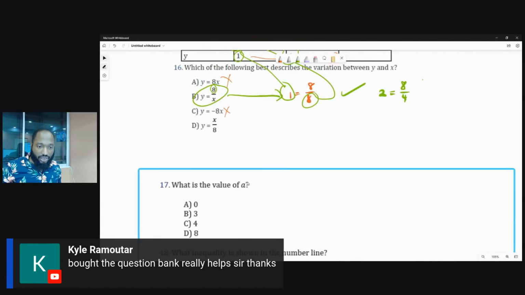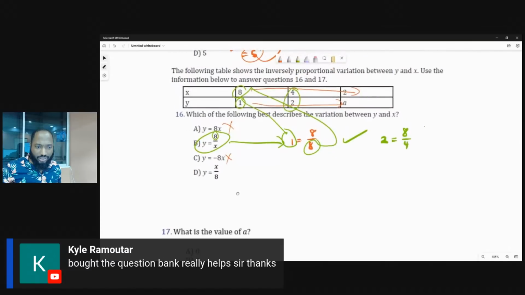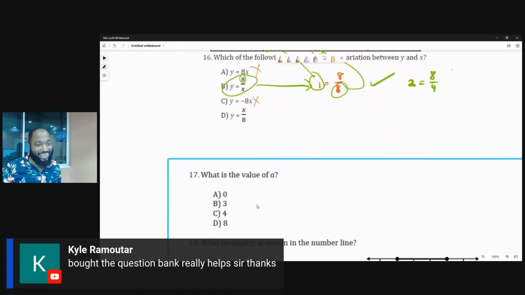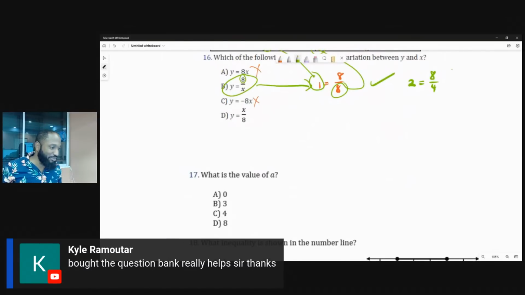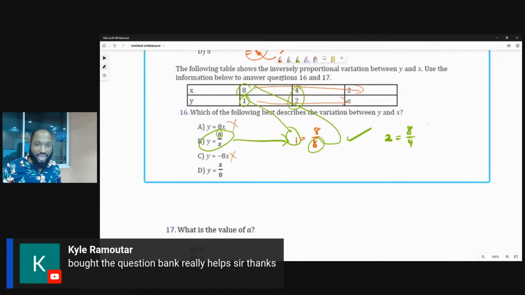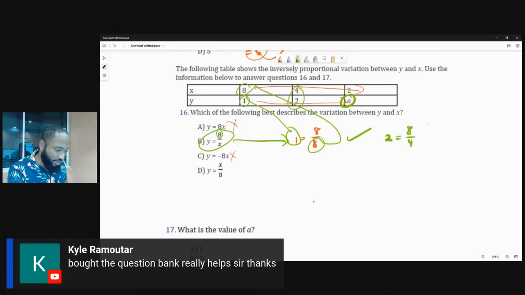What is the value of a? Something is missing. I'll find out with number 17. Hold up. Oh, 17 is part of 16, so answer questions 16 and 17. So a is over here.